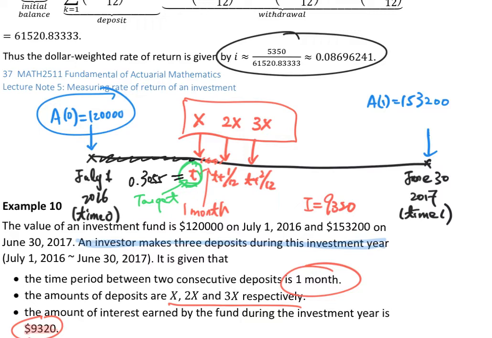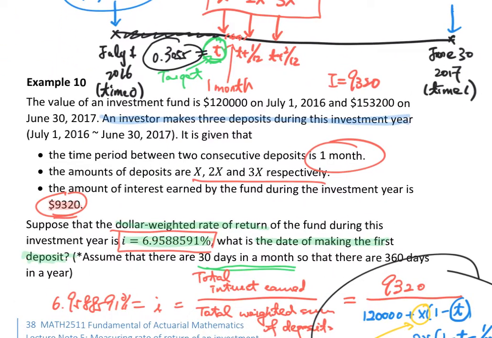Now if you want to know the exact date of making the deposit, what you need to do is convert this into days. Here in this problem, we assume that we have 360 days in a year.